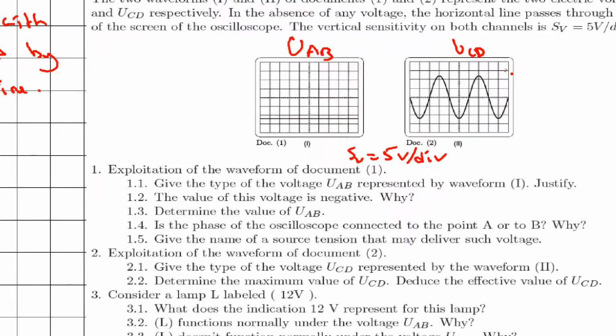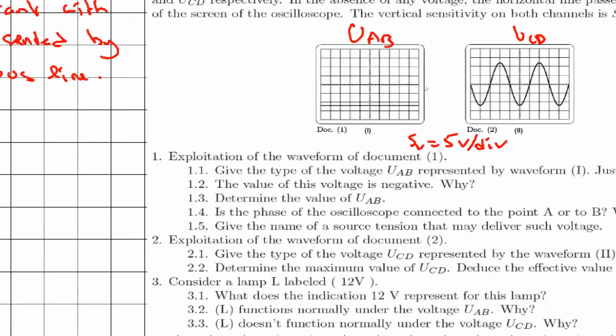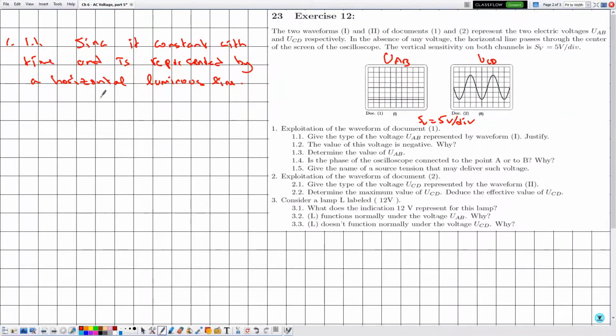So why is it constant with respect to time? Because this is time, this is the value of U. For all times, the value of the voltage is constant and takes this value, which can be read from this axis. And it is represented by a luminous line, so it is a DC voltage source.